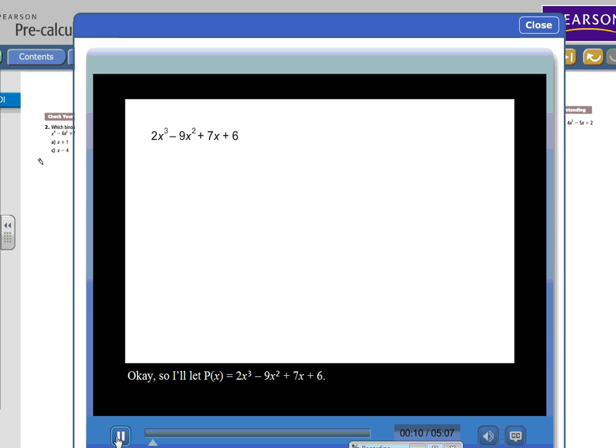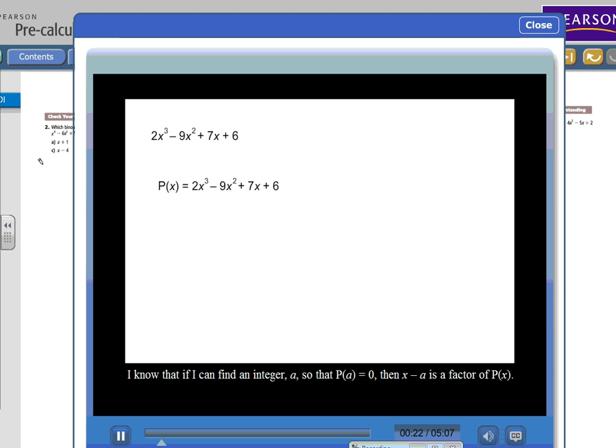Okay, so I'll let p at x equal 2x cubed minus 9x squared plus 7x plus 6. I know that if I can find an integer, a, so that p at a equals 0, then x minus a is a factor of p at x.